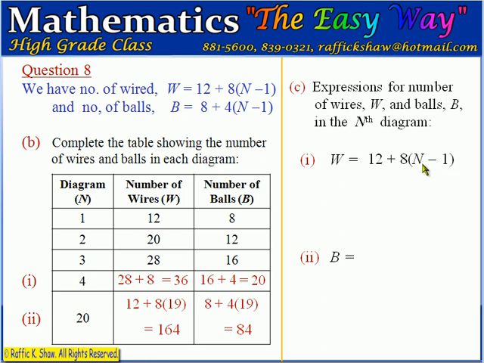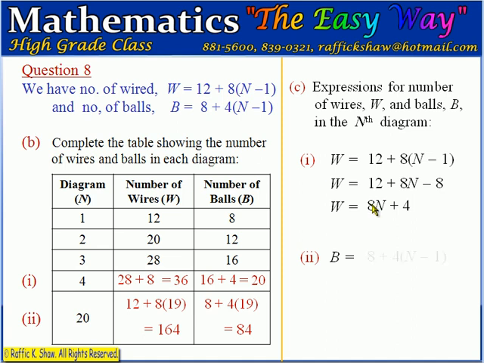And if we expand this bracketed term, we end up with the number of wires being equal to 12 plus 8n minus 8. And then 12 minus 8 is 4. And so the result here is that the number of wires will be 8n plus 4. So that's a reduced or a simplified expression for the number of wires in the nth diagram.